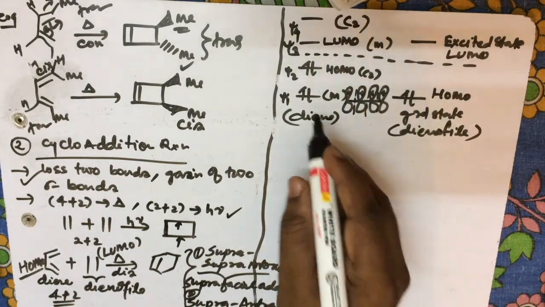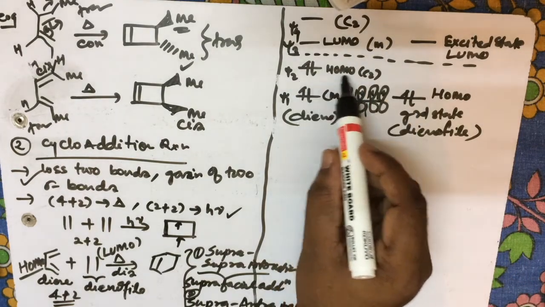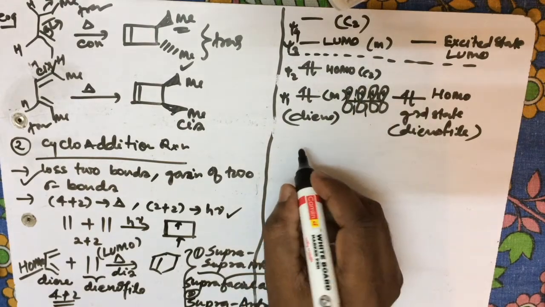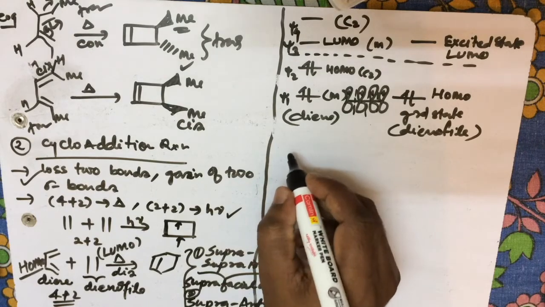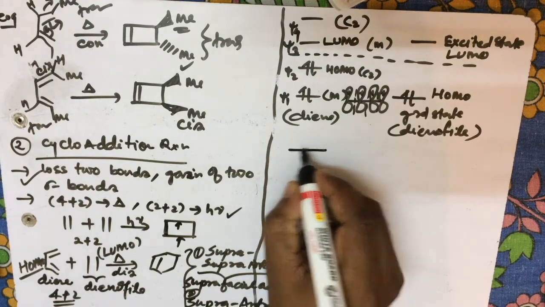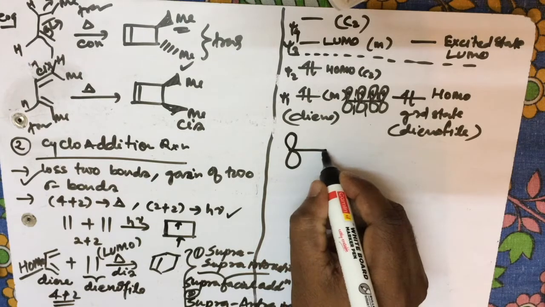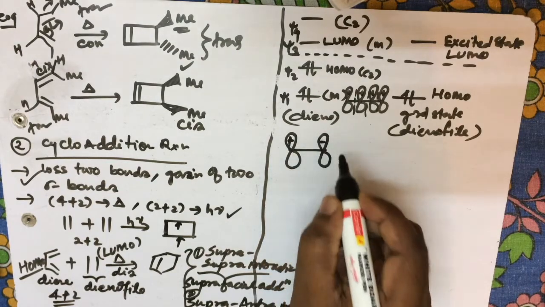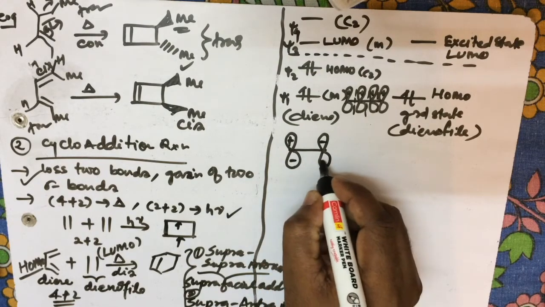So if you take HOMO of this, psi 2, HOMO of psi 2 means center of symmetry. This one will be plus, this one negative, this one negative, this will be plus.